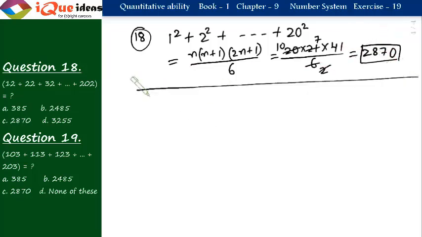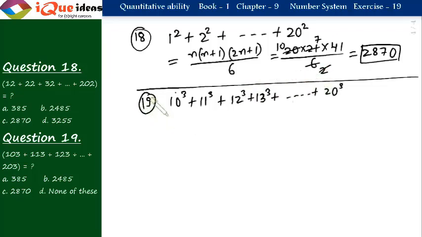Now question number 19. It is 10 cube plus 11 cube plus 12 cube up to 20 cube. Now this again is similar to the question that we have done earlier. It starts from 10, goes up to 20.